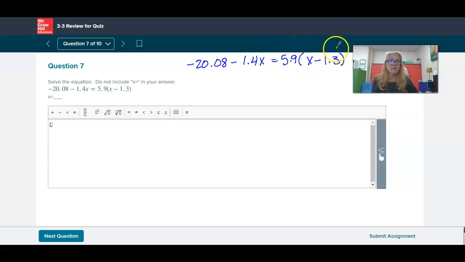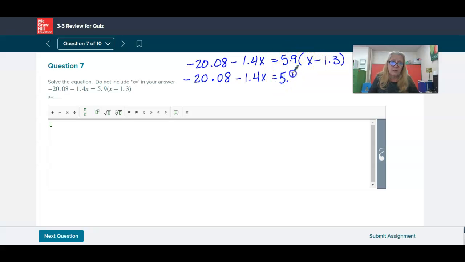First thing we always want to do is get rid of parentheses. So we're going to have to get rid of those parentheses over there. So we have -20.08 minus 1.4x. Nothing to do on the left-hand side. This is totally not combinable. Those are not like terms. So we're just going to leave that alone for now. Oh, I guess I don't need a calculator to do 5.9 times x.